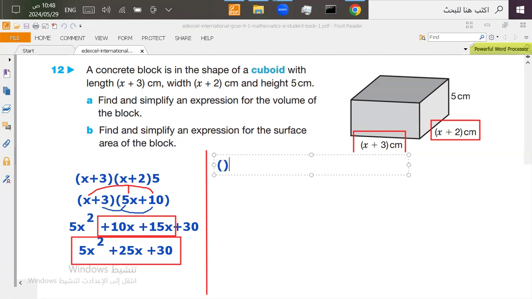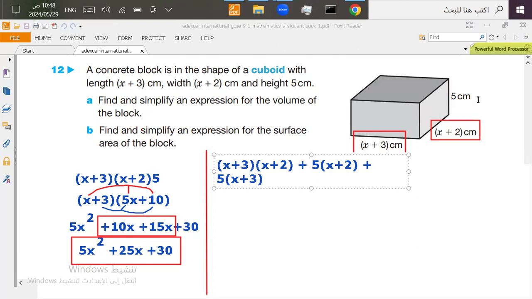I'm going to say x plus 3 multiplied by x plus 2 bracket, and then plus x plus 2 multiplied by 5, so 5 multiplied by x plus 2 bracket, and then plus this one, x plus 3 multiplied by 5, so 5 multiplied by x plus 3.